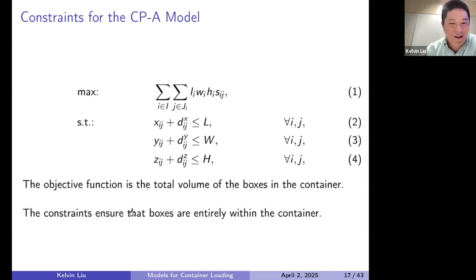The constraints 2, 3, and 4 ensure that boxes lie entirely within the container. I will mention that xij, yij, and zij are non-negative integers. So it'll always be in the container from one perspective, and then this ensures that it's in the container from the other perspective. It doesn't go beyond the container's length, width, or height.